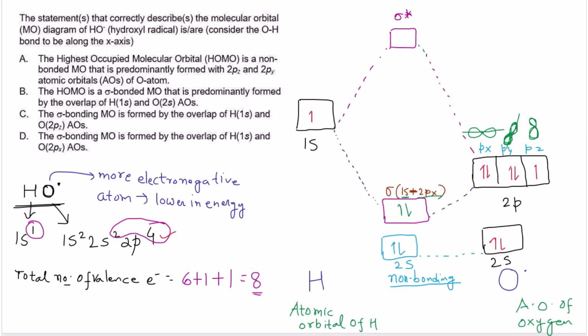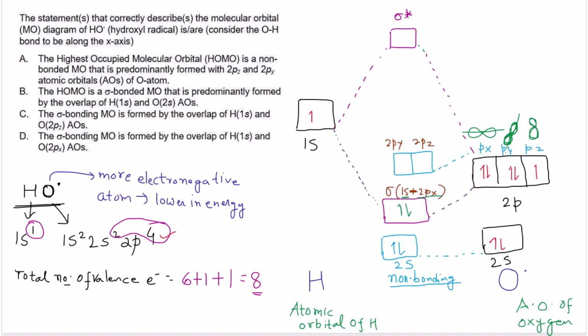Now what happens next? We are left with how many electrons? We have 2 plus 2, 4 electrons already filled in the molecular orbitals, and we have a total of 8 valence electrons. So 4 more are to be filled in the molecular orbitals. These 4 are in the py and pz orbitals. These cannot overlap with any of the 1s orbitals, so they remain as non-bonding orbitals.